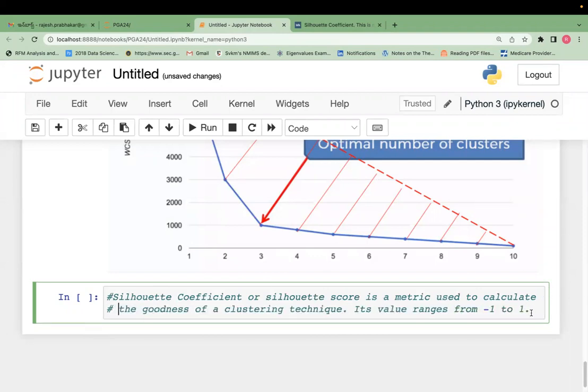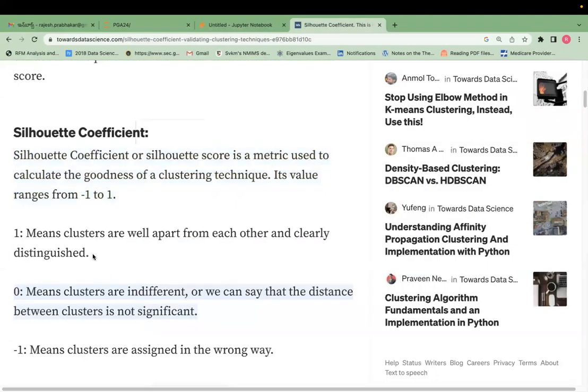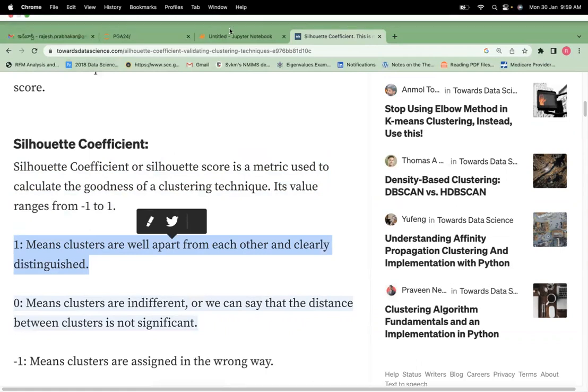It ranges from -1 to 1. Closer to 1 means clusters are well apart and clearly distinguished.